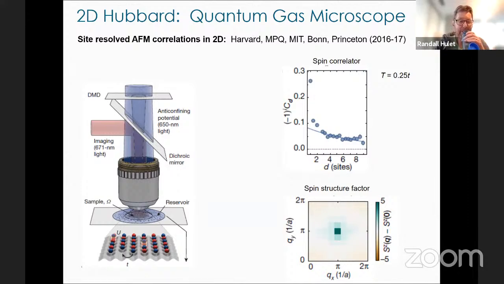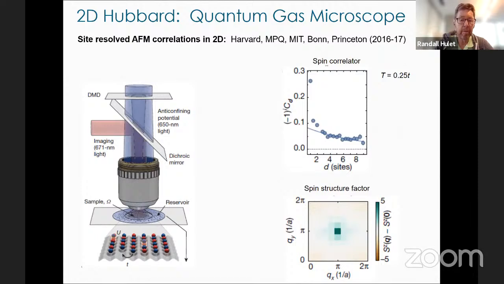But yeah, okay, great. So this is a slide from Marcus Greiner, in which he studied the two-dimensional Hubbard model using what's called a quantum gas microscope. Using very high quality optics and a very well-designed system, they're able to resolve single site ordering, single site resolution in their system.